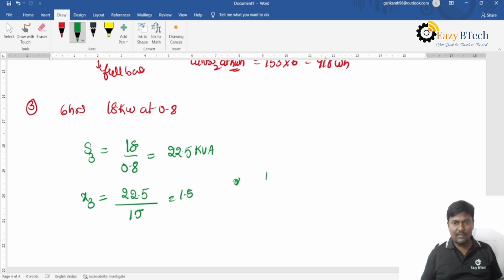So 1.5 whole square into the copper loss of 153 should be equal to WCU3.